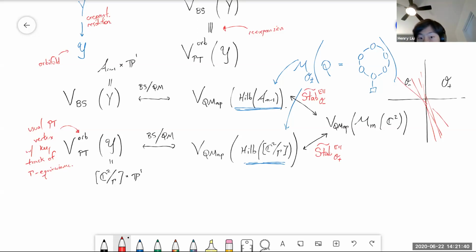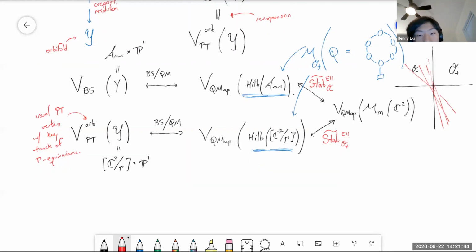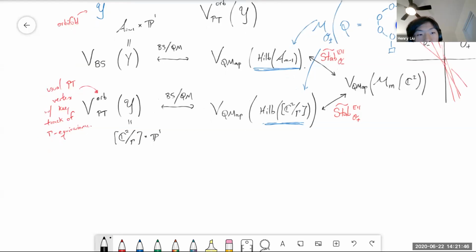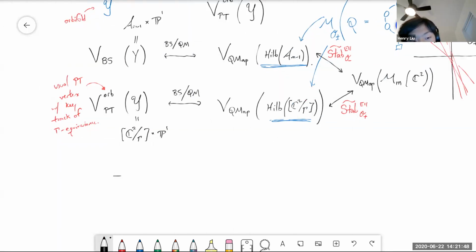Okay. So what does this say? It says you should expect a relationship of the following form.